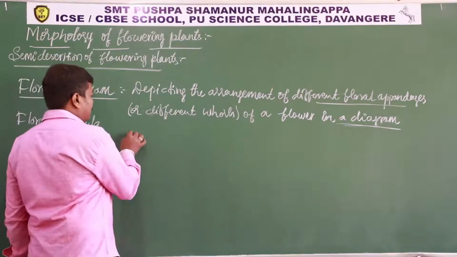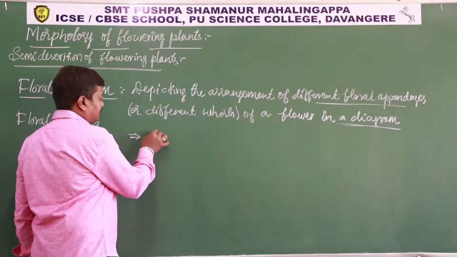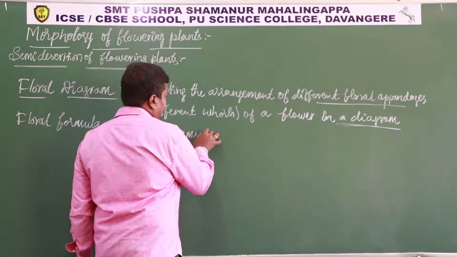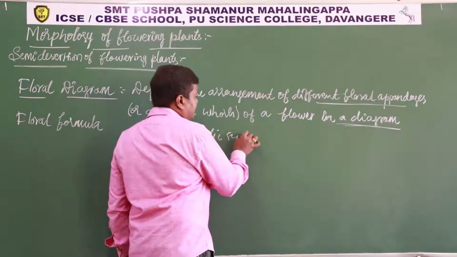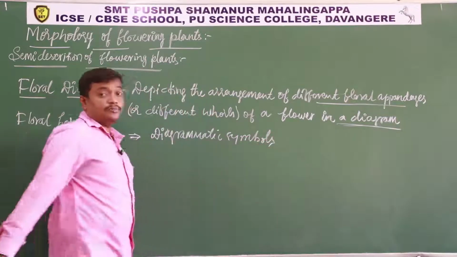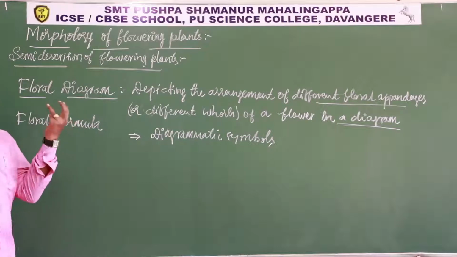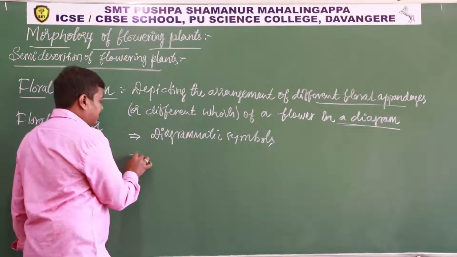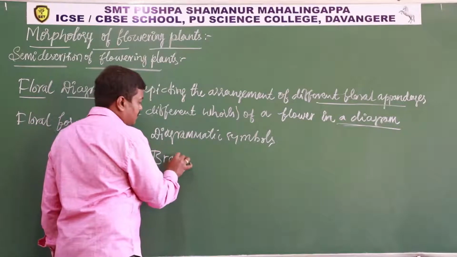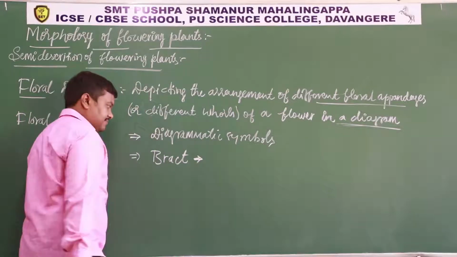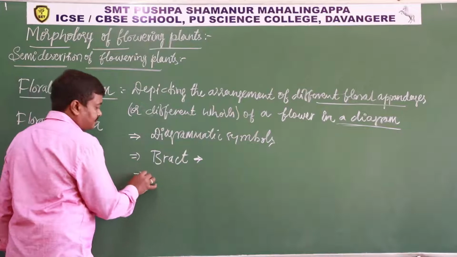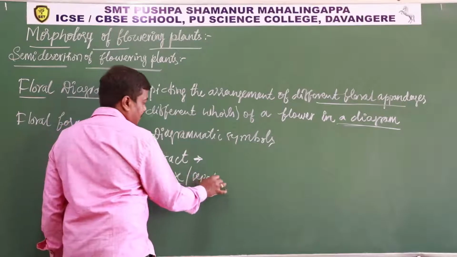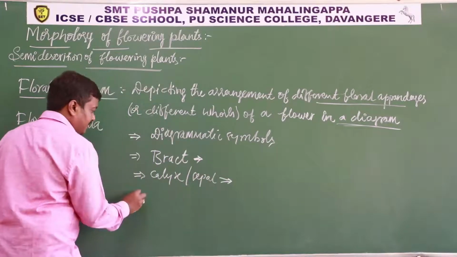Here we are going to use diagrammatic symbols. By using these diagrammatic symbols, we can represent how the flower is. For bract, we are going to use certain diagrammatic symbols, and for calyx or sepal, a different diagrammatic symbol.